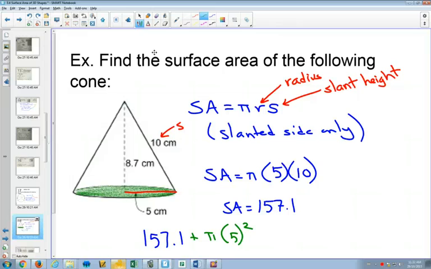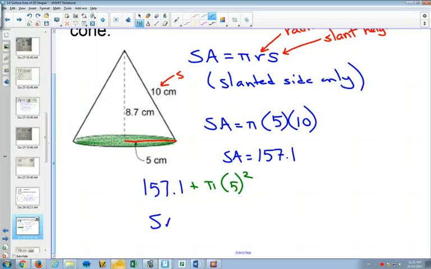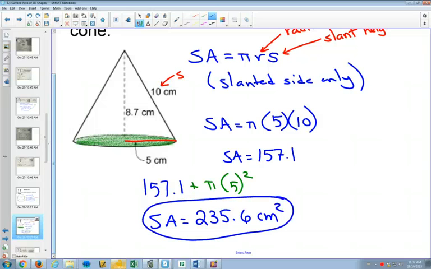So we would add 25 pi to it. We go to our calculator, do pi times 5 squared, and add it to the 157. And we get a final surface area of 235.6 centimeters squared for our final answer.